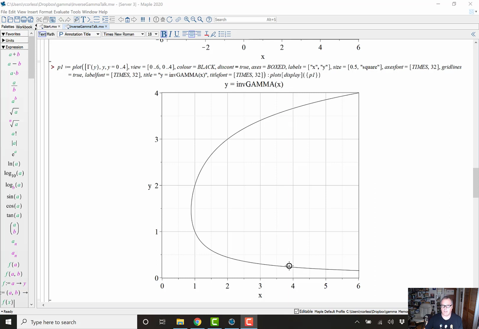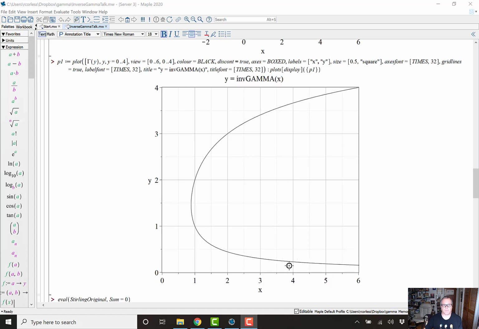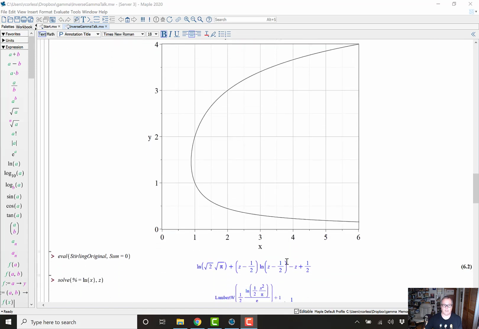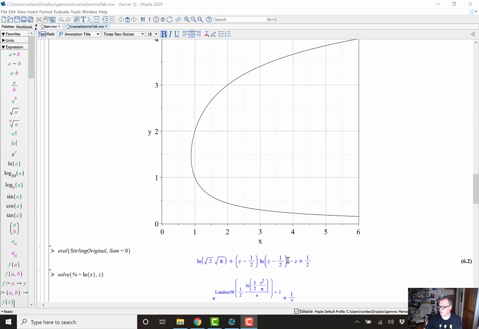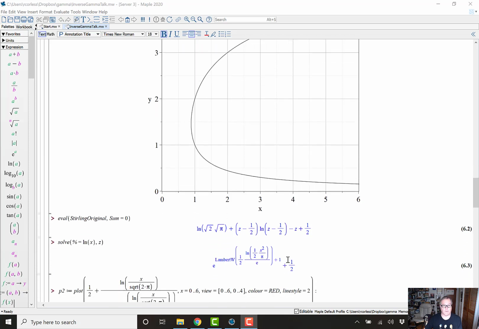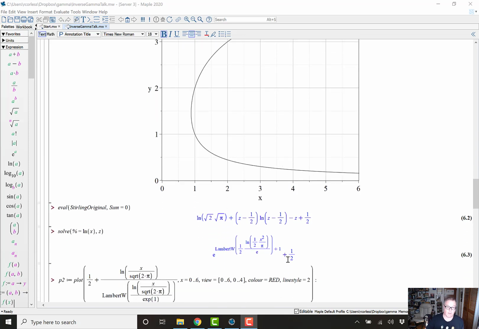Okay, well, how do we deal with that? It turns out that Stirling's original series, that I glossed over completely, can be inverted. So we can invert Stirling's original series, although not the series that we all know as Stirling's series. That's due to de Moivre.